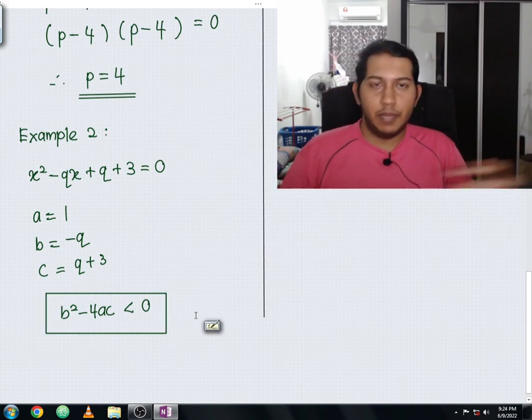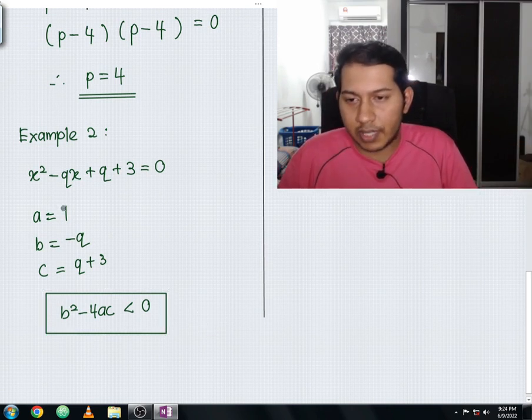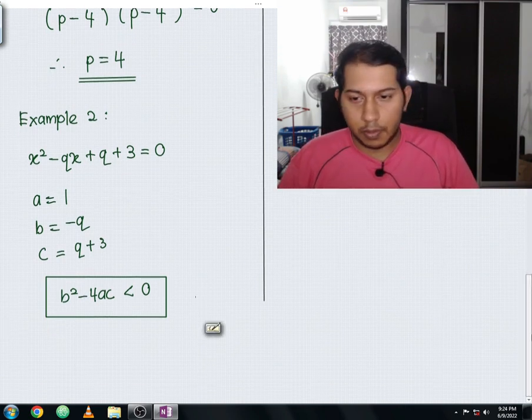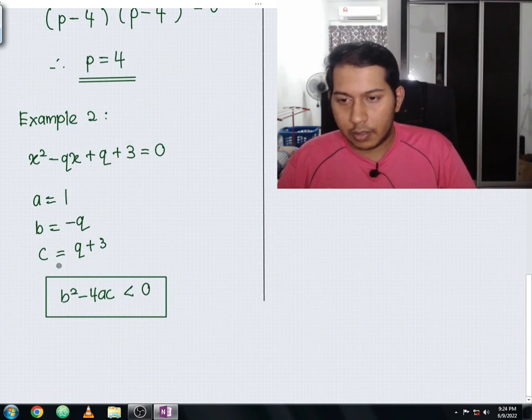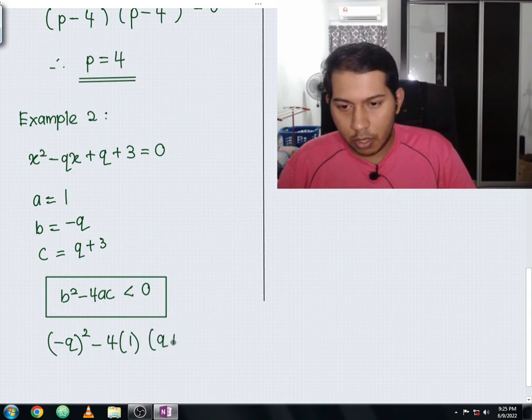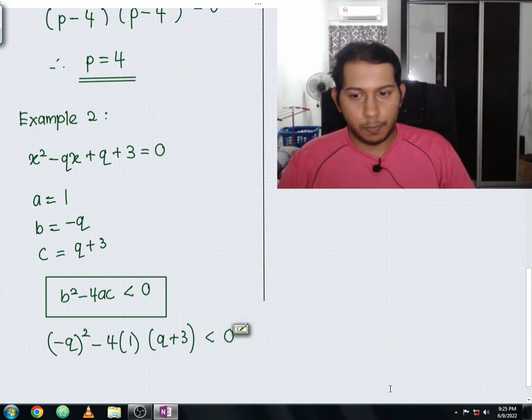The next step is very straightforward. You substitute the respective coefficients into the equation. Let us solve this together. Negative q, square, minus 4 times the coefficient a, in this case 1, times c, in this case q plus 3, less than 0.